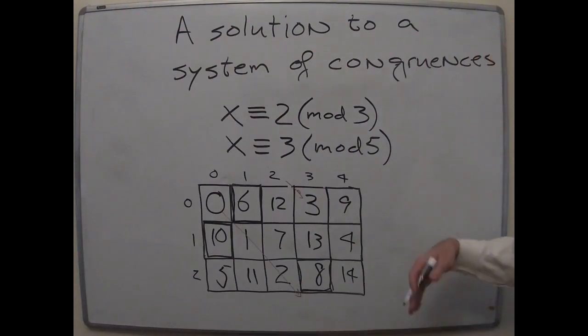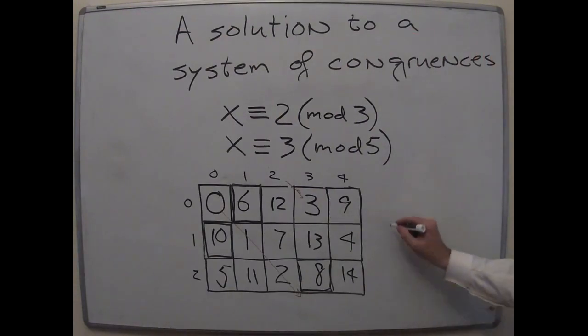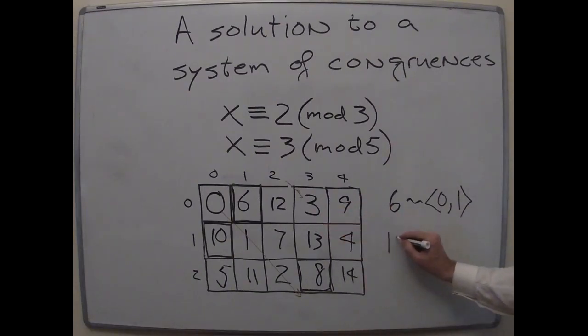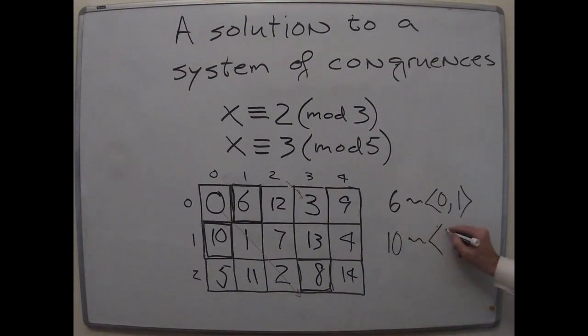So if you think of it as a vector, it's the vector 0, 1. And what's the 10? 10 is 1, 0, or it's similar to it anyway.